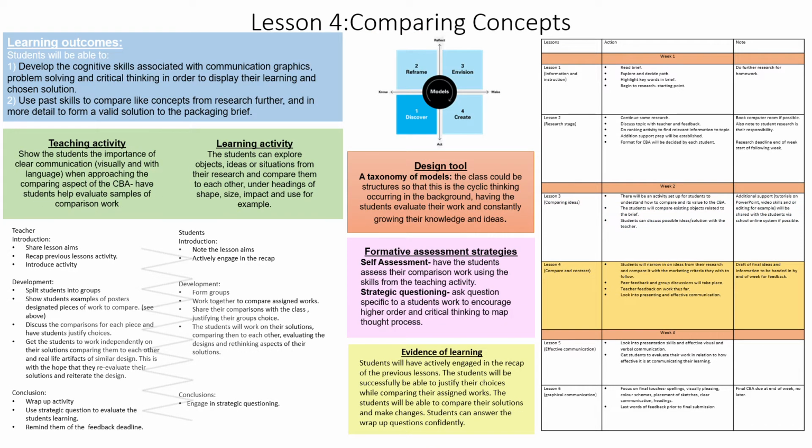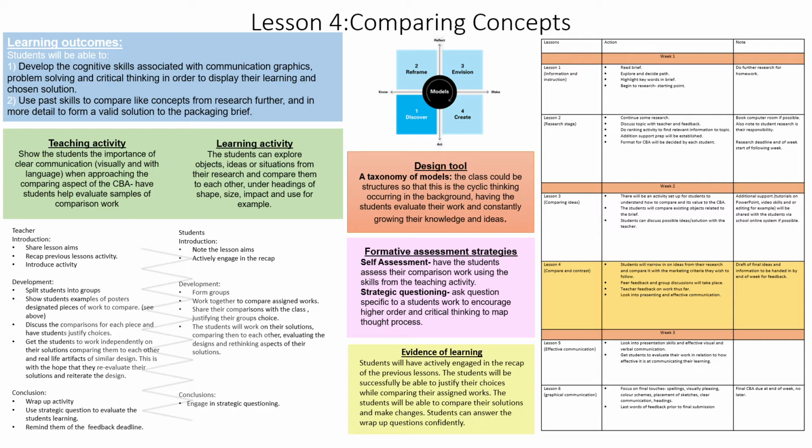And then we've got a taxonomy here, which is again lesson 4. So comparing concepts, this is something they can do; discover, they've already done; reframe, they're hopefully rethinking their designs through the previous compare lesson. This is just something that they possibly could use.